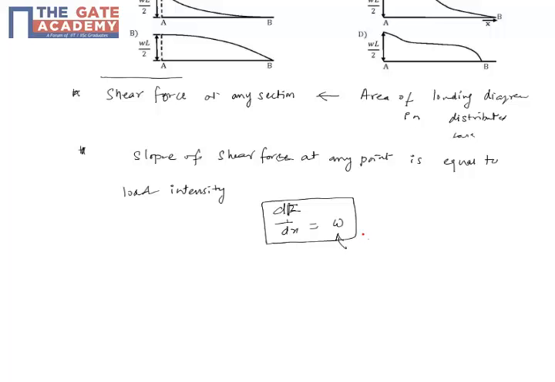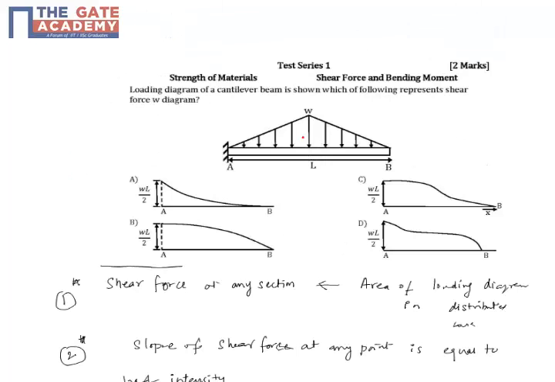Okay, so we can use this fact here, and also 1 and 2 combined, to remove the odd man out and try to figure out the answer. Now if you start here, what is W here? The W is 0 because you don't have intensity here, and the slope of the shear force diagram is equal to the value of load intensity, that's what point number 2 says.